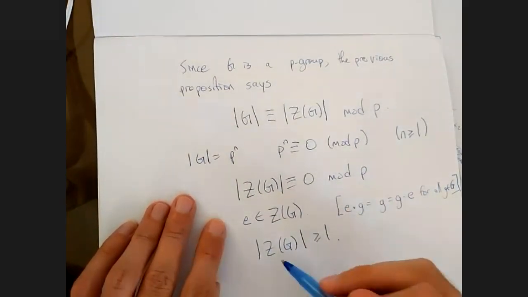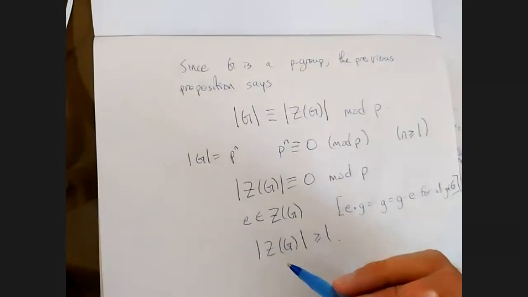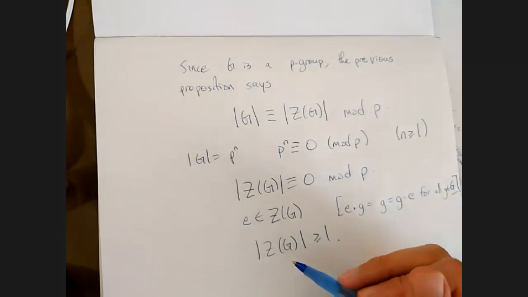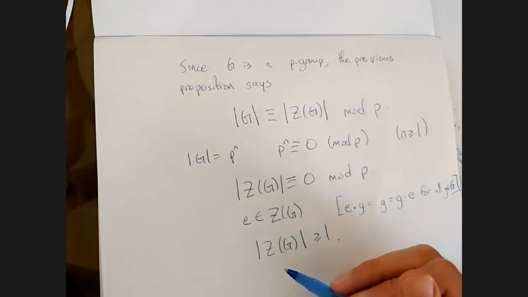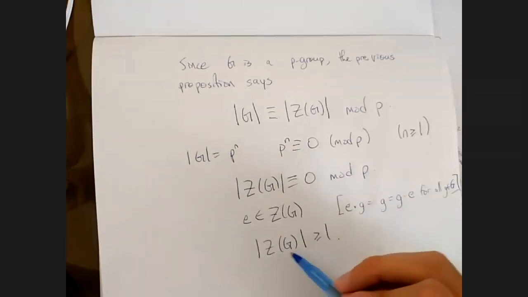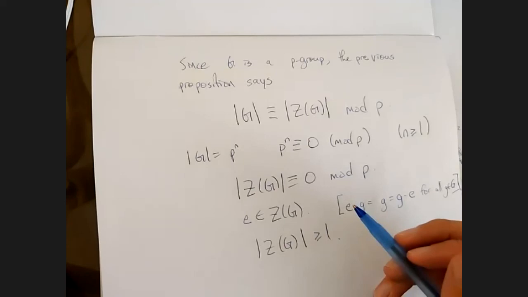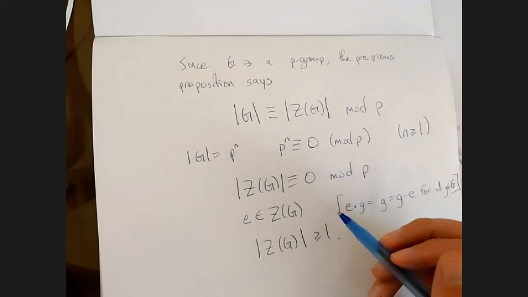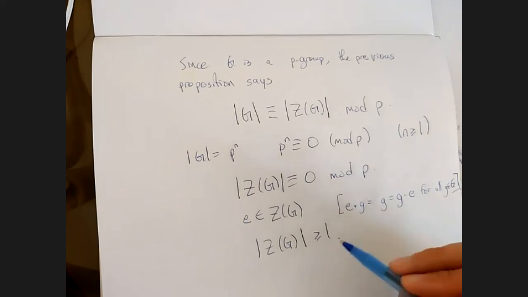Now the number of elements of the center is at least one, and it's a multiple of P. So it can be P or 2P, but it can't be exactly one.